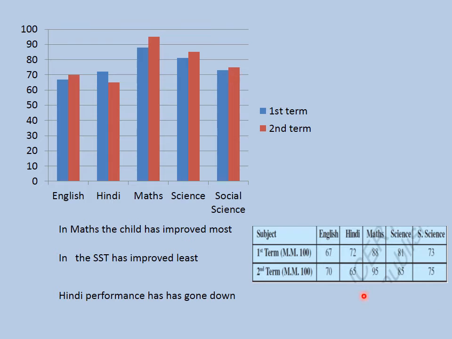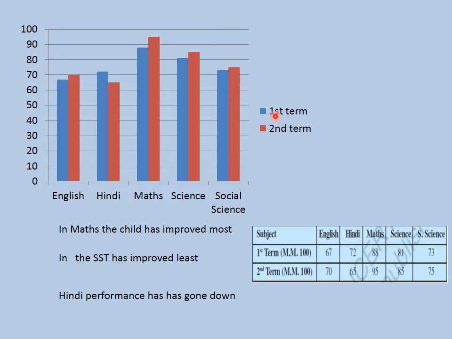Okay. Now, the first question is, in which subject has the child improved most? How do you decide? Improved means comparing first term marks and second term marks. If in the second term he gets more, that is called improvement.